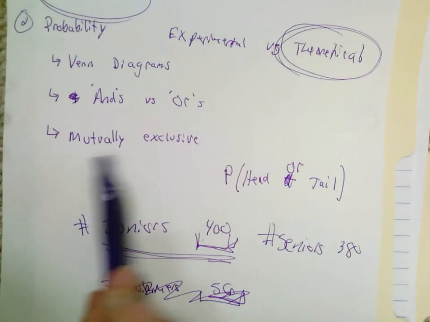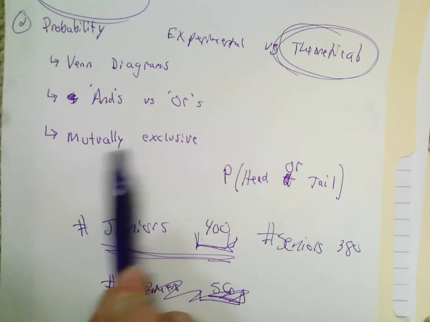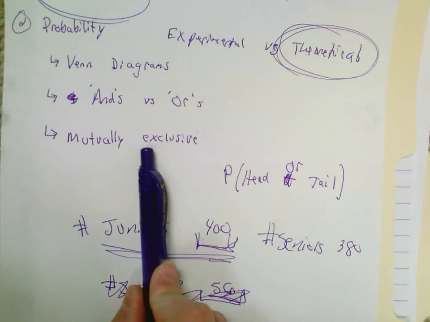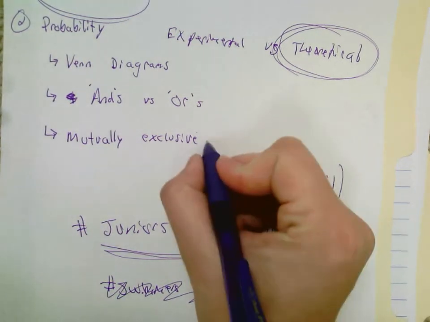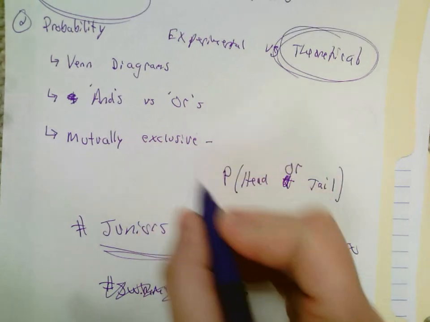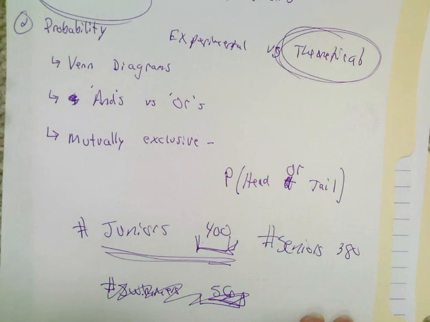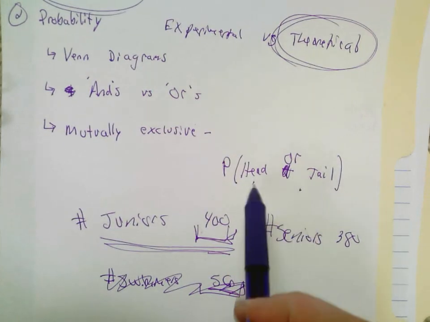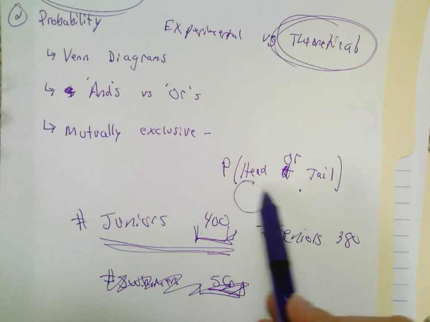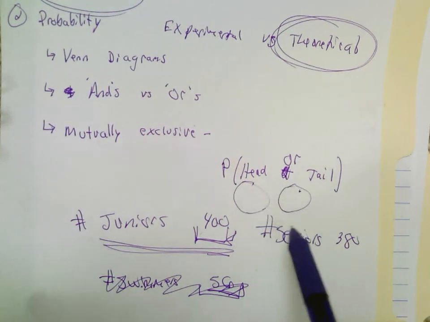And then we touched a little bit on this idea of mutually exclusive. We will be expanding upon that later. We only briefly looked at the definition, basically saying that two events are completely unrelated. There is no overlap between the events. So if you think of flipping a heads and a tails, if I made a Venn diagram of how many heads I flipped and how many tails I flipped, there would be no overlap.